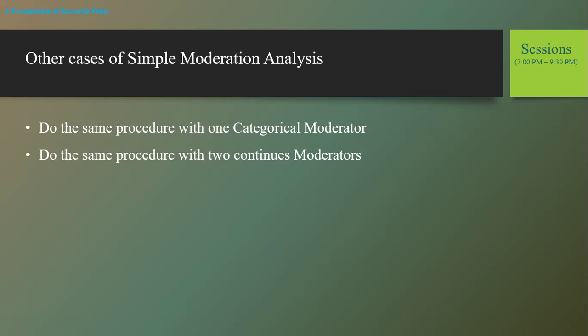It may have two categories, or three categories, or greater than two categories. So it becomes a categorical moderator. There is a slight change in the option settings and in interpretation when you are using a categorical moderator. Then we may have a procedure with two continuous moderators. So if we are using two continuous moderators, what do we need to do?